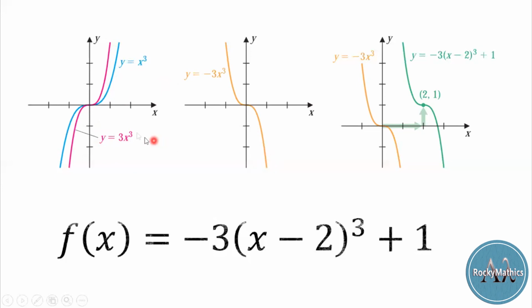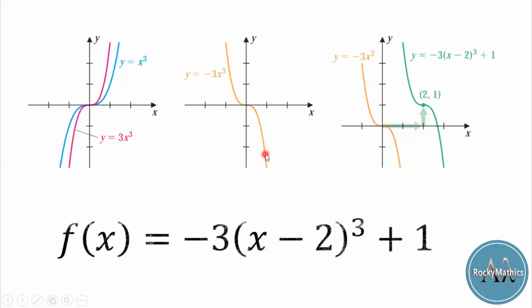Now the y value here is 0, so it's still 0, but the y value here is -3, right? Times negative, it becomes positive. That's why the form of the graph looks like this.